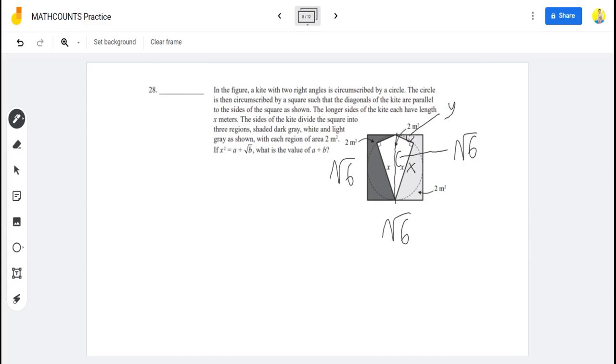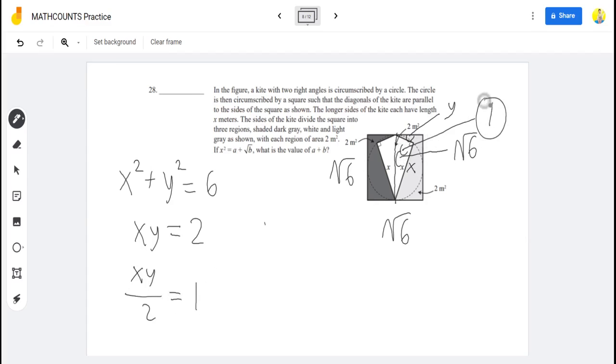The long length is x and the shorter length is y. x squared plus y squared equals 6. xy equals 2, because x times y over 2 equals 1, and this area right here is just 1. So xy equals 2.